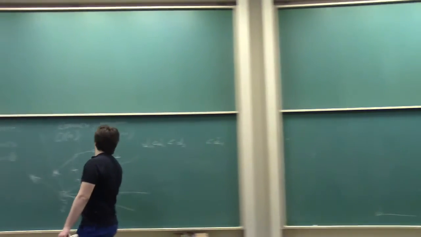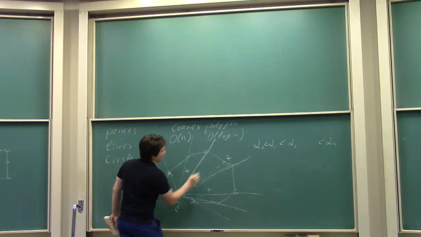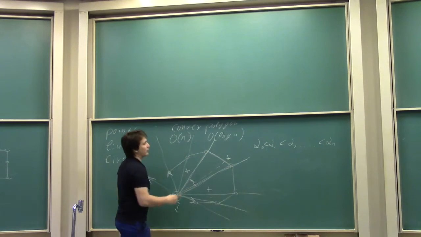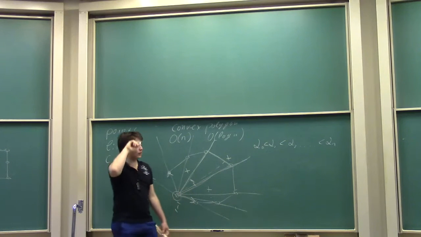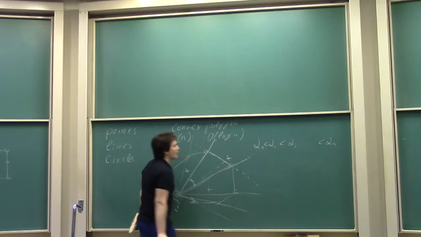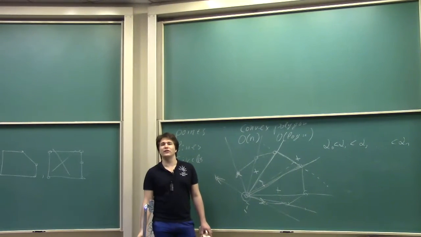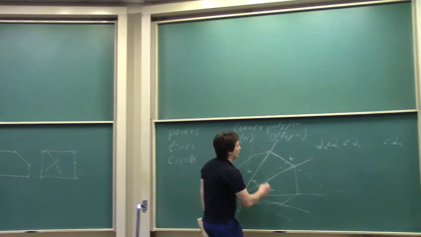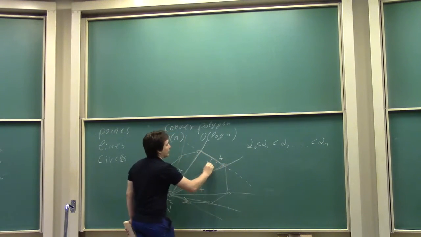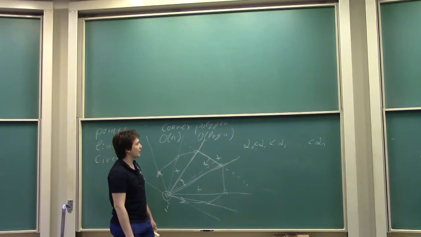So, I know the point lies here, but I need to check whether it lies inside this triangle. That's an easy stuff to do. You have to take this line and just see the distance to this line. If it's negative, okay, so let's say this is the vector of the line, I mean normal vector, I don't know the name actually.